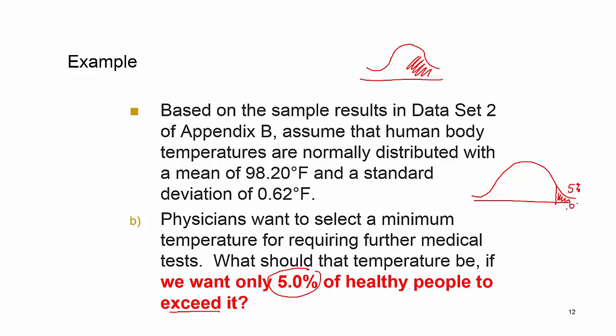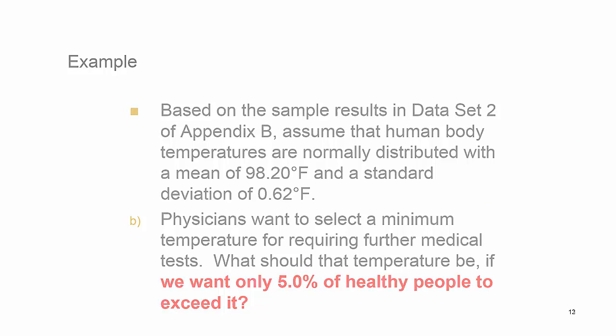So I have 0.05 area to the right of whatever this mark is, and my goal is to figure out what that z is. Anytime they give you right side area, you need to know left side area. So 100% minus 5% gives me 95%, so 0.95 area is to the left.